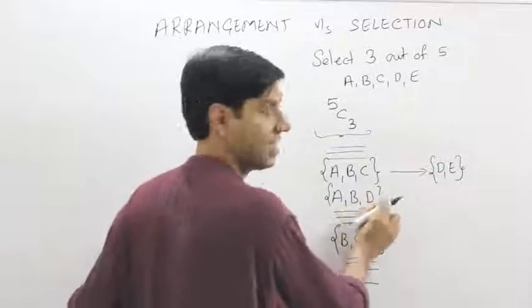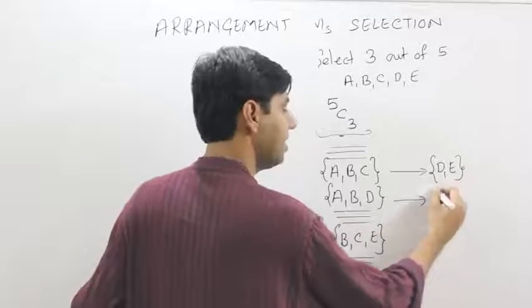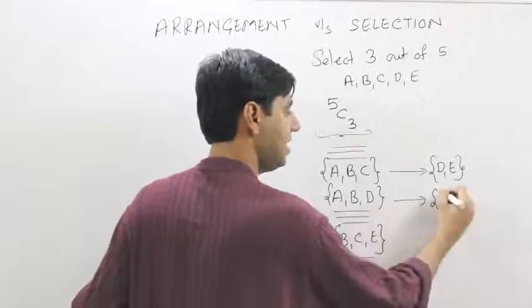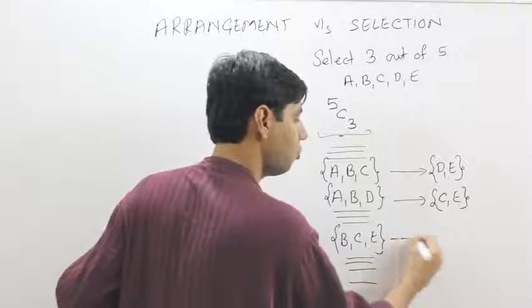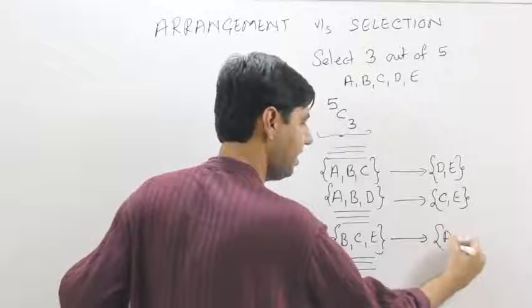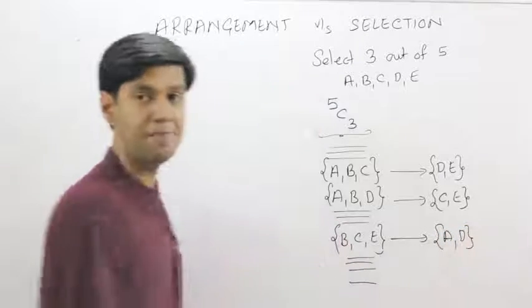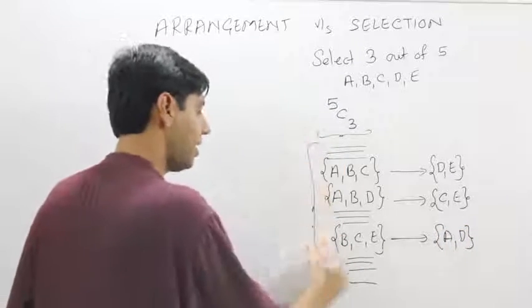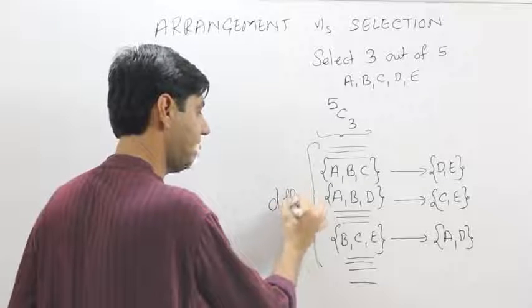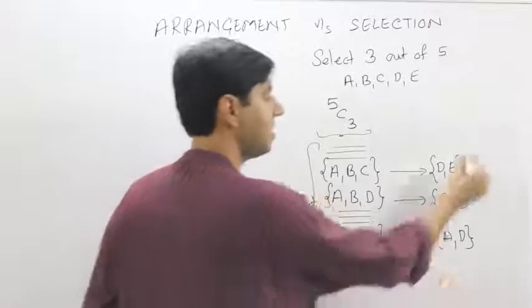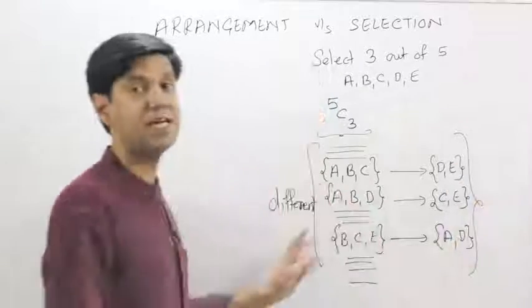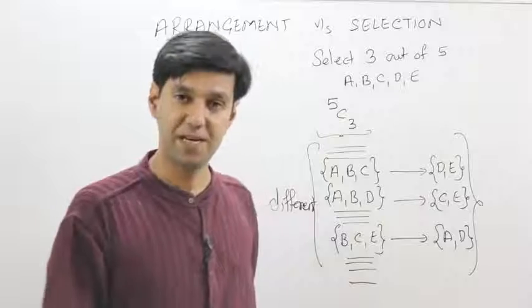A, B, D are selected here and hence the ones left out are C and E. B, C, E, so who is not selected? A and D. If all of them are different ways of selecting, could I say the team that is left over is also going to be different?